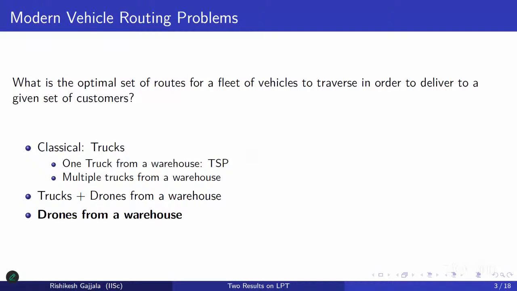So maybe 50 years ago, they started studying this with trucks. If you study the problem with a single truck, this is the traveling salesman problem. Then there are variants where people studied multiple trucks. And after that, maybe 20, 30 years ago, people started looking at trucks plus drones from a warehouse. And now people have started looking at problems where you only have a warehouse and a lot of drones, because that's being used in most of the places already.